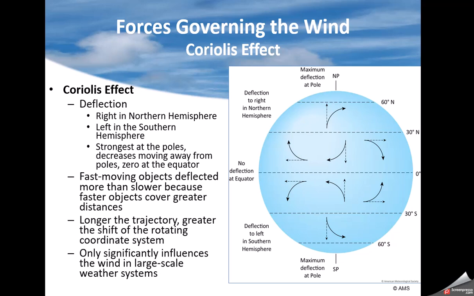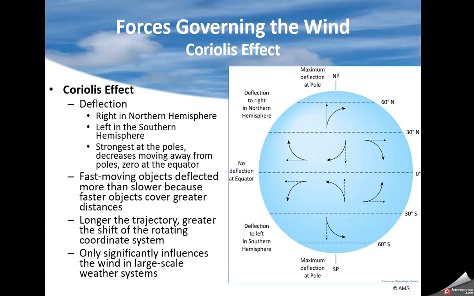So in the northern hemisphere, this creates a deflection to the right. In the southern hemisphere, it's to the left. So if I have a pressure gradient force that goes from 30 degrees north to 60 degrees north, and the low pressure is at 60, high pressure is at 30, the wind that would be heading straight to the North Pole instead is going to turn to the right.